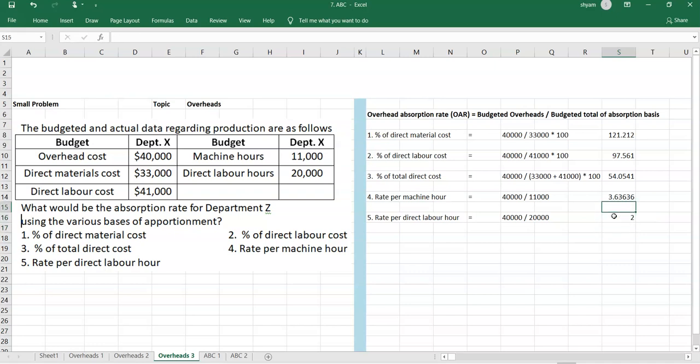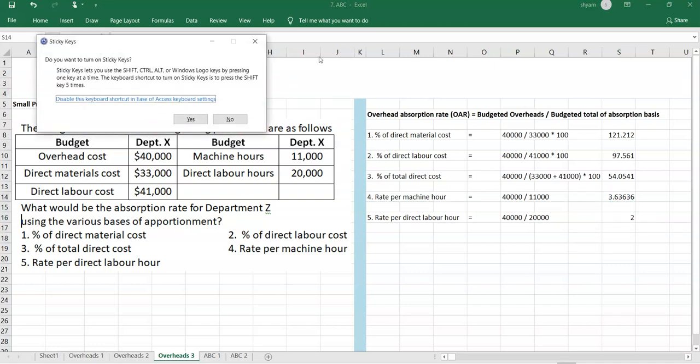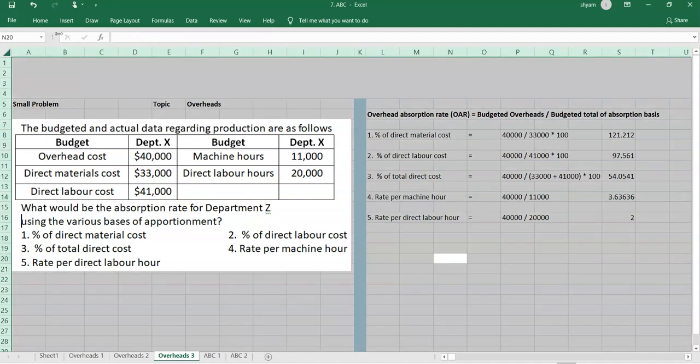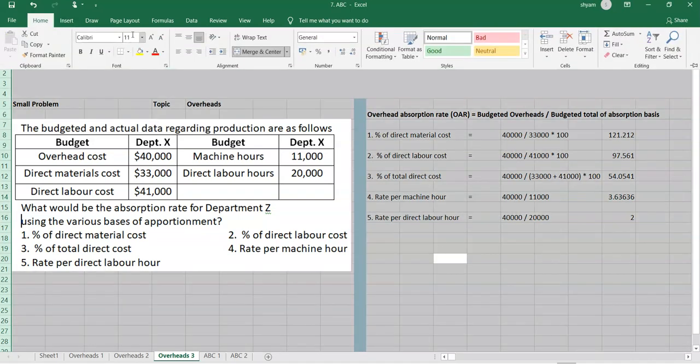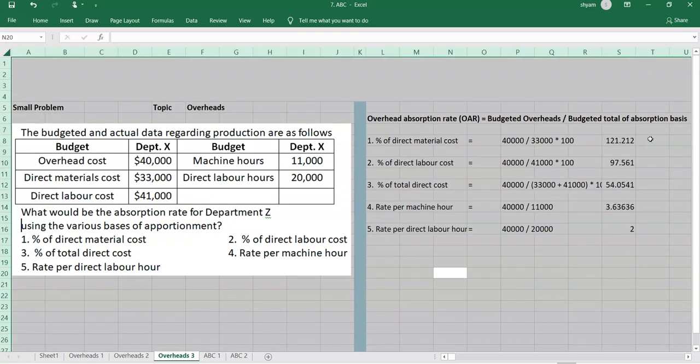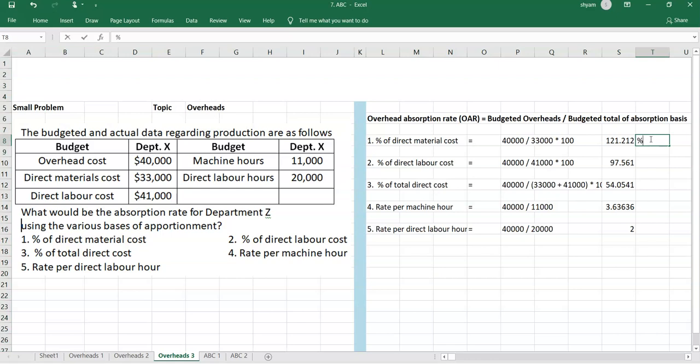If you use percentage, you have to multiply by 100 and express the number in percentage only. If you use rate, you have to put it as dollar per machine hour.